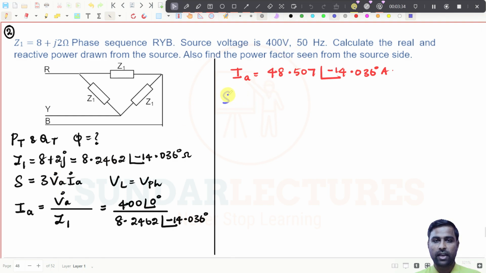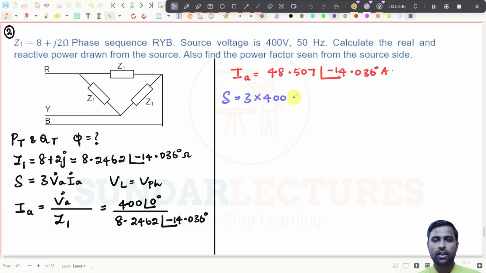What is the value of S now? It is 3 multiplied by 400 multiplied by 48.507 at an angle of minus 14.036 degree.